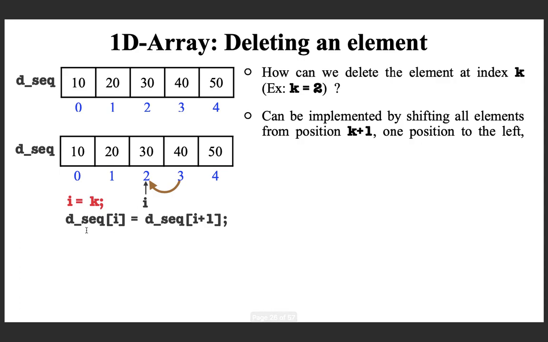This is what I want to do. You say that d_sequence at i should get whatever is there in the next position. If you execute it, what will happen? This 40 will be getting written over 30. So this will become 40. So note that if I fire this statement, then 40 will be copied to this position. That's what I am doing.